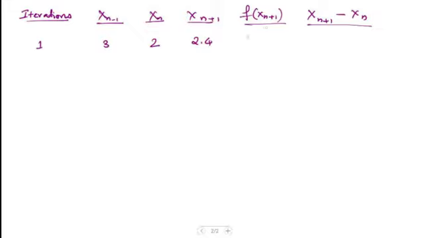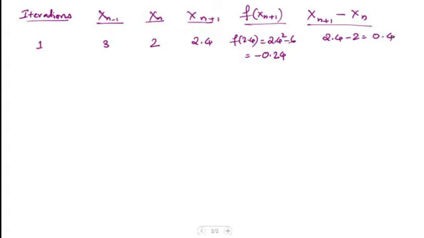Now f of 2.4: putting 2.4 in the function, we get 2.4 squared minus 6, which is equal to minus 0.24. And xn plus 1 minus xn would be 2.4 minus 2, which is 0.4.